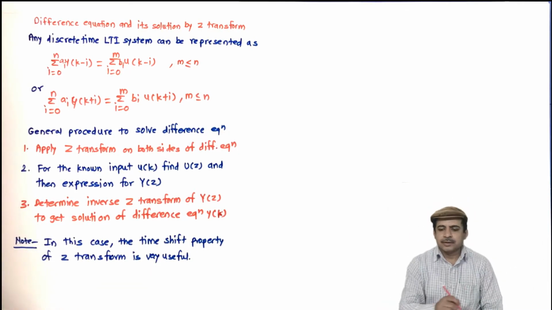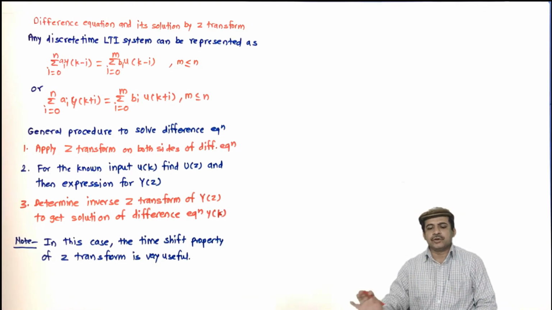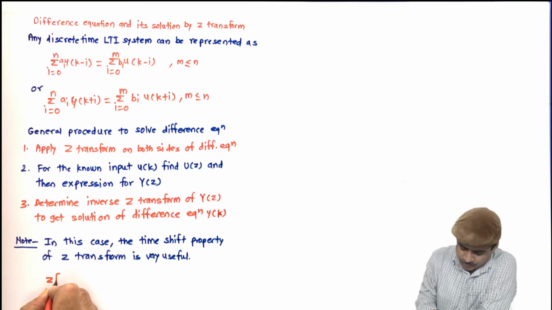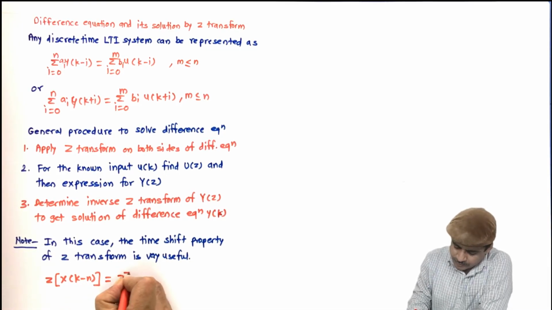So this is the general procedure. Now let us mention that property. Z transform of x of k minus n is equal to z raised to minus n times x of z.